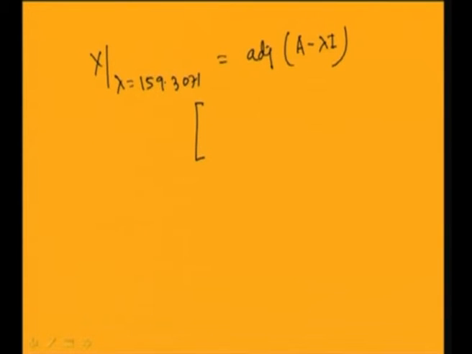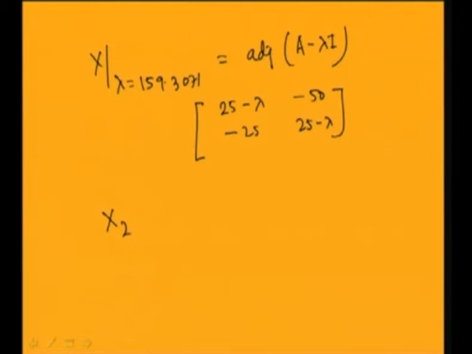Similarly, you can find x2. So x2 can be obtained at lambda equal to lambda 2, that is lambda equal to 159.3071, from the adjoint of A minus lambda I, which is 25 minus lambda, minus 50, minus 25, and 150 minus lambda. Now you substitute this value of 159.3071 for the second mode, and you can find this x2.